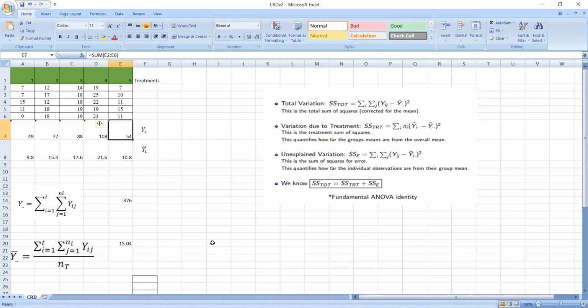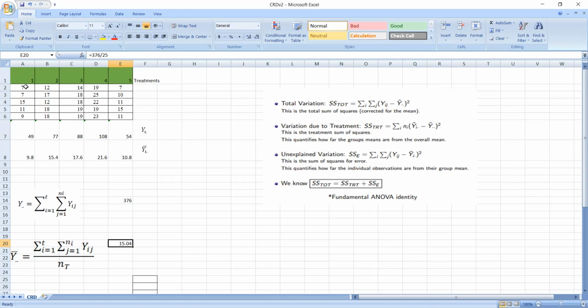To construct the Anova table, these are the equations that we just derived. If you look at the total sum of squares, we have yij minus y double dot bar, squared. You have to take each and every yij, subtract the grand mean, take the squared value, and take the summation.